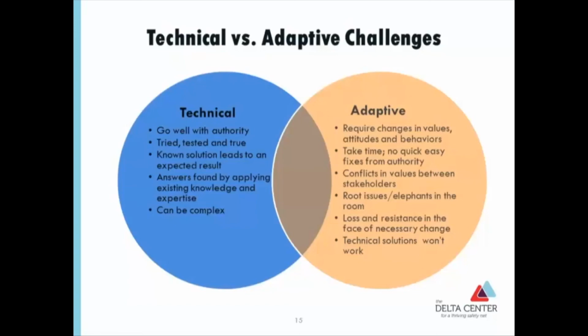But that example in some ways is misleading, in the sense that a lot of technical challenges are not simple. They're not straightforward. They require a lot of expertise and are quite complex. I was recently traveling, and it took that pilot to get me from New York to Sacramento, a very complex series of actions, right, to get me from point A to point B. But the point I'm trying to make is that there is a playbook to be followed.